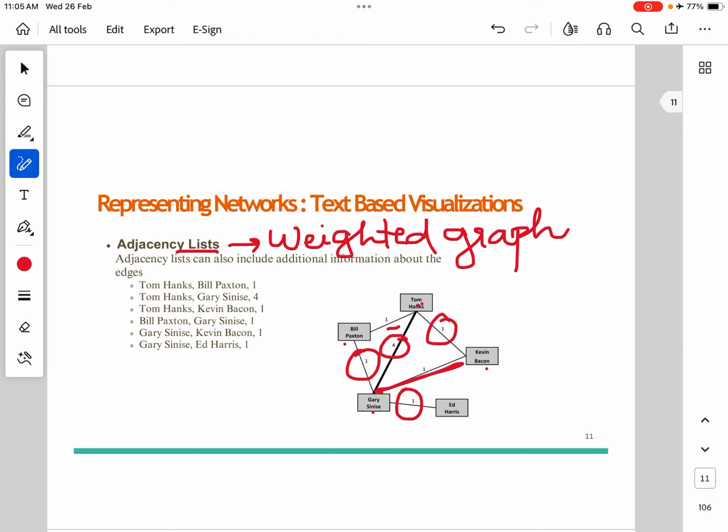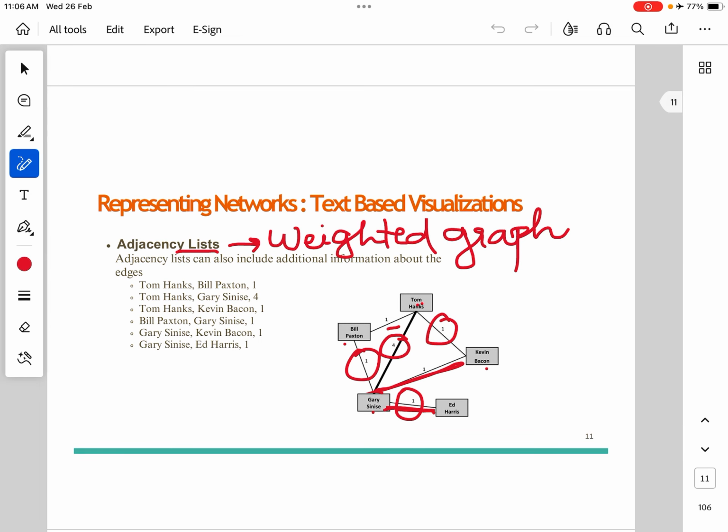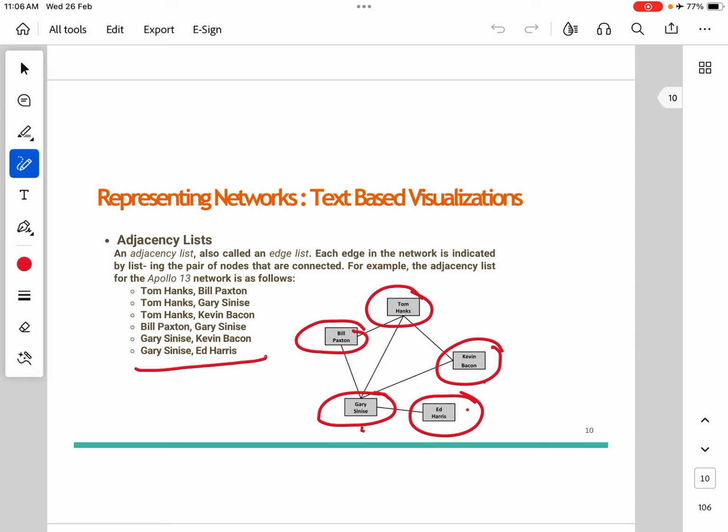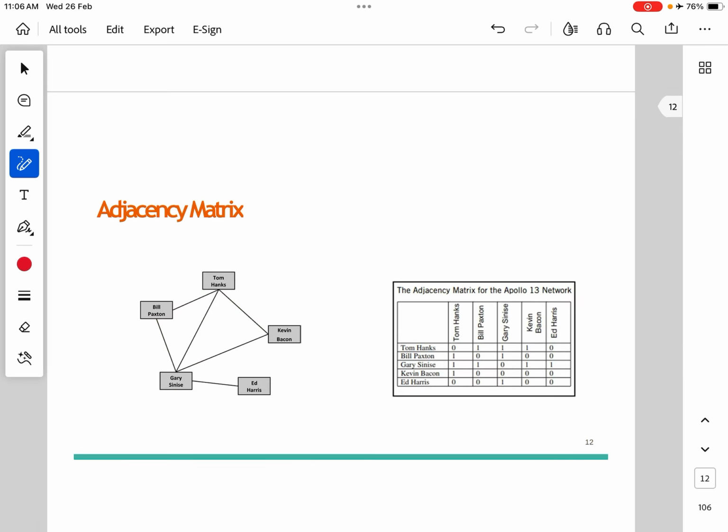And Gary, comma, Ed, comma, 1. So this way we have to specify the weights. But if the weights are not given, this will be the adjacency list. In case the weights are not given, you just have to write who is connected with whom. And here, because the weights were given, we wrote a comma and the weights.